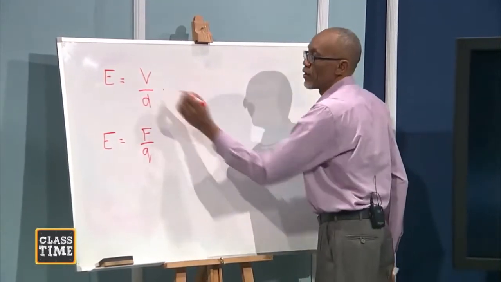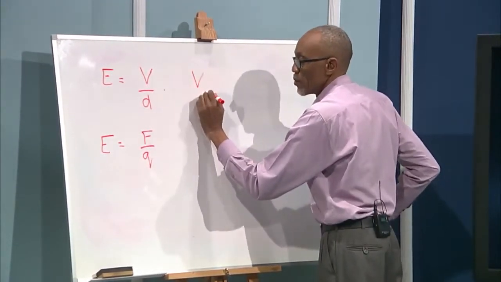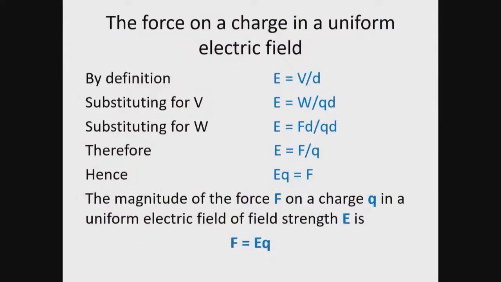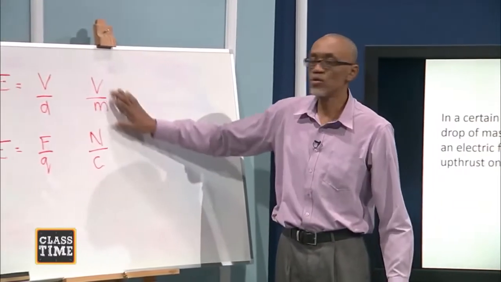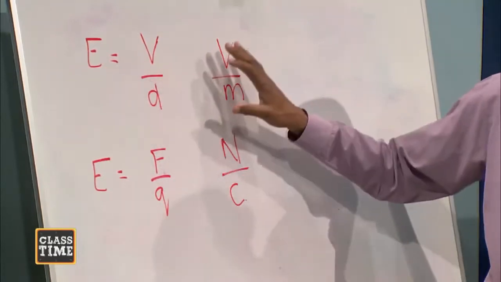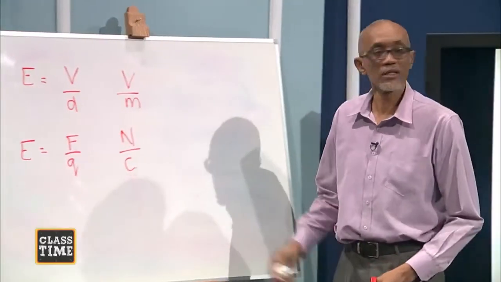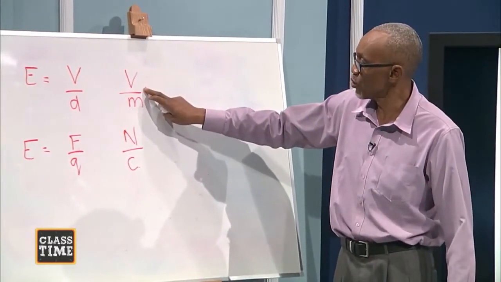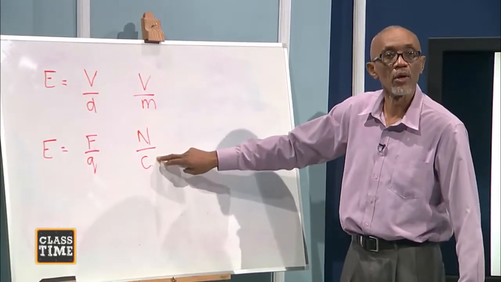So we know that voltage is measured in volt, so the electric field can be measured in volt per meter, and here force is measured in Newton and charge in coulomb. But are these units equivalent? Because they are both for the same quantity, electric field strength. Let's see if we can show that a volt per meter is the same as a Newton per coulomb.